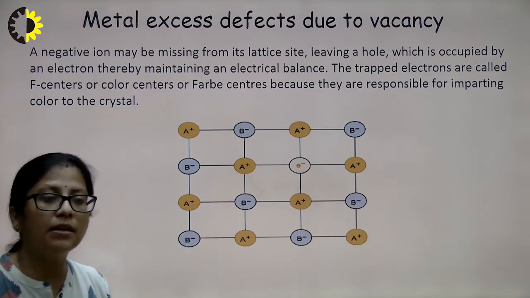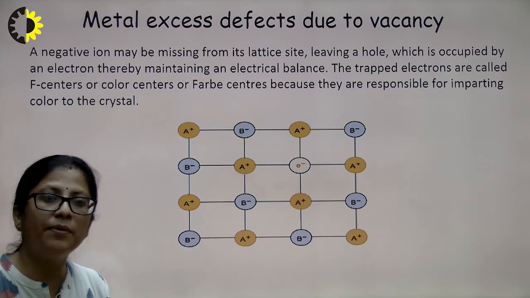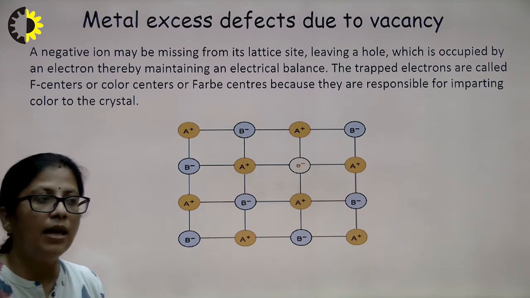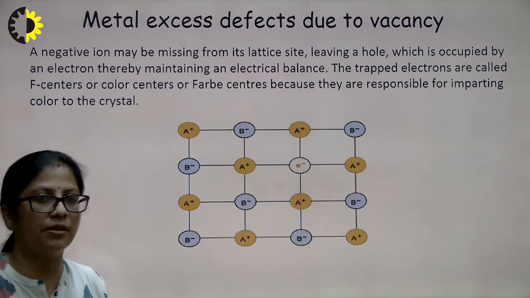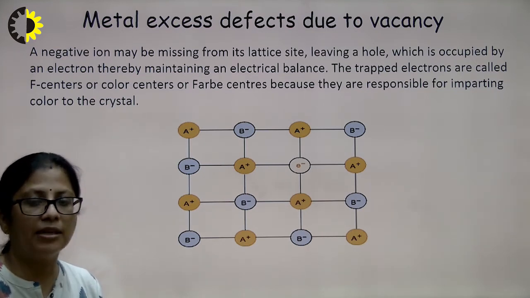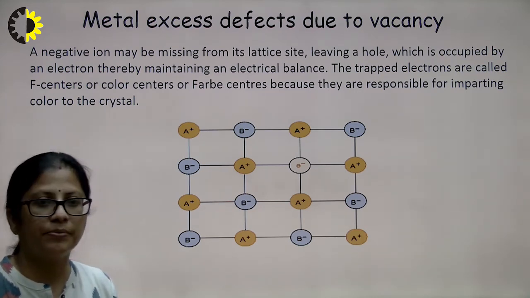When we heat NaCl in excess sodium vapors, extra sodium gets incorporated into the crystal, and these sodium atoms give rise to sodium ions and electrons.